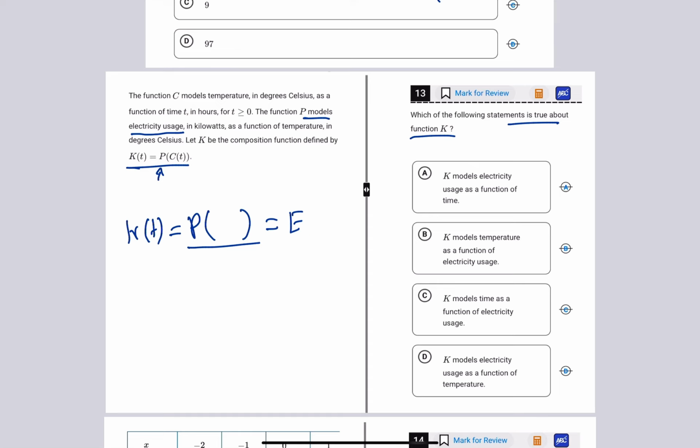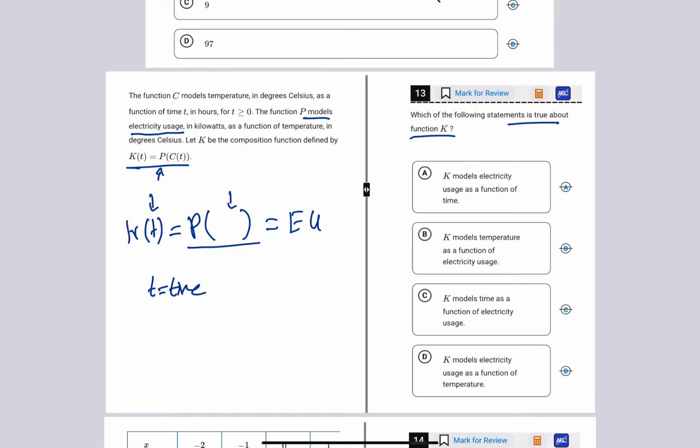And as a function of temperature in degrees Celsius. Okay, what's the input in this case? The input is definitely time, right? And that's it. So it's option A. t is time, right?